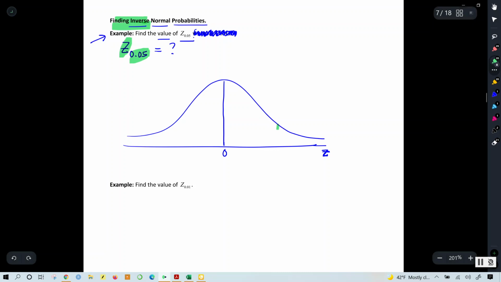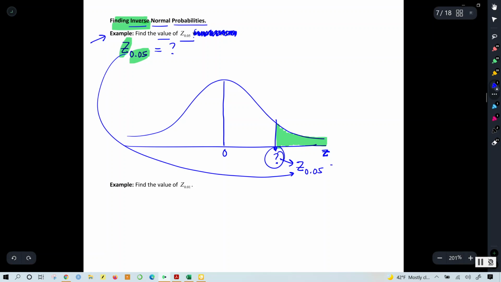It simply means that it is the size to the right of a number that we do not know. And that number, we have given it a placeholder, which is z with the subscript 0.05. But we do not know the true identity of that number.